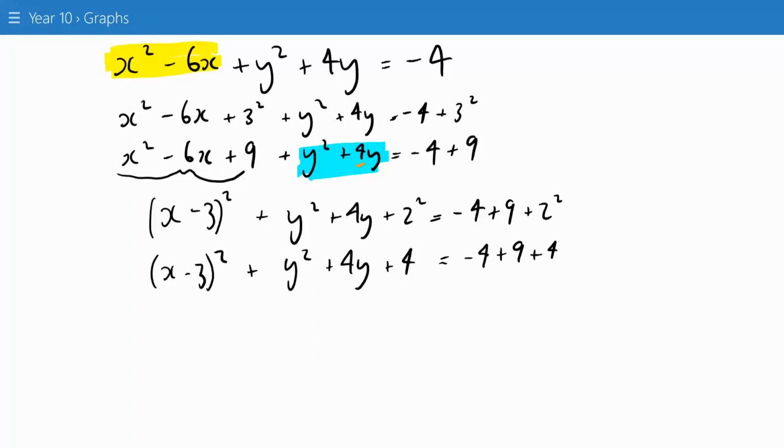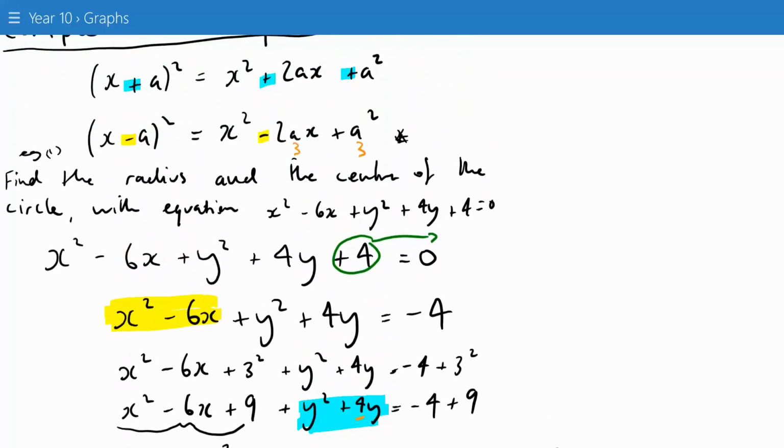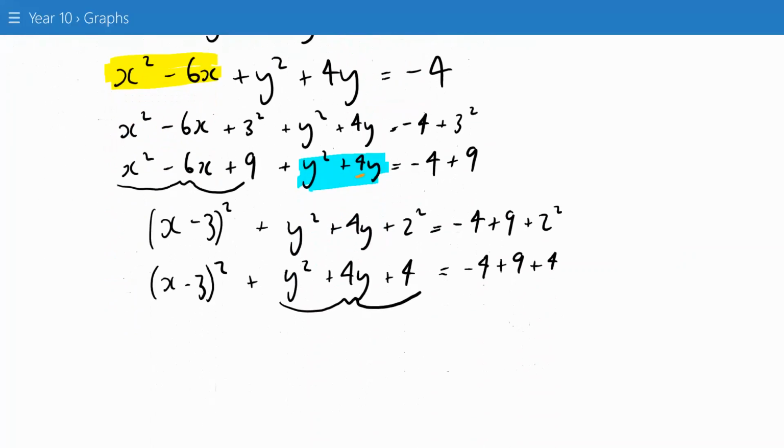Now, I want you to think about this. Y squared plus 4y plus 4, which one does it look like up here? Okay, we have y squared plus 4y plus 4, plus and a plus. It's this first one, so we're going to factorize it in this form with a plus, x plus a squared. So I've got x minus 3 squared plus y plus, what was a?